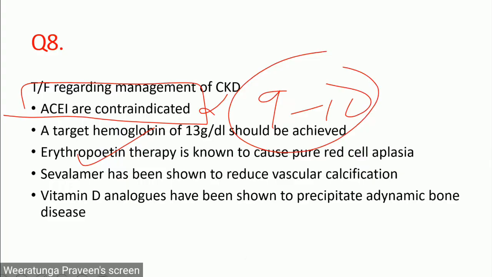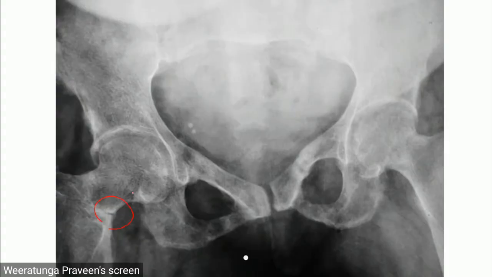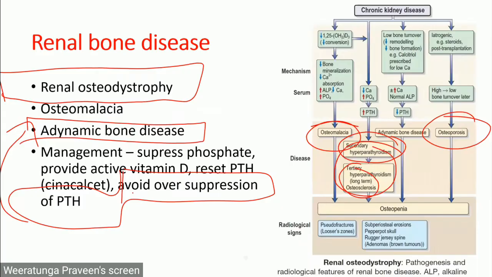Now, about the management of renal bone disease, what do you do? The common scenario, you get a hyperparathyroid state. So what you are trying to do is suppress that hyperparathyroid state by giving vitamin D and phosphate binders like calcium carbonate.